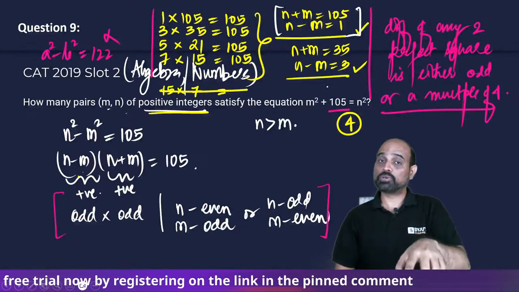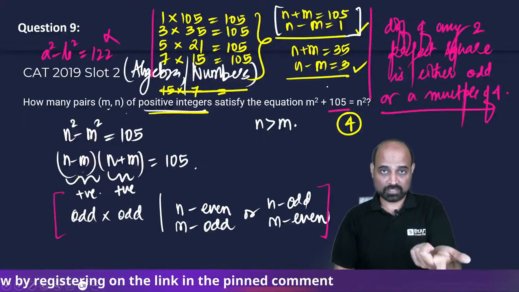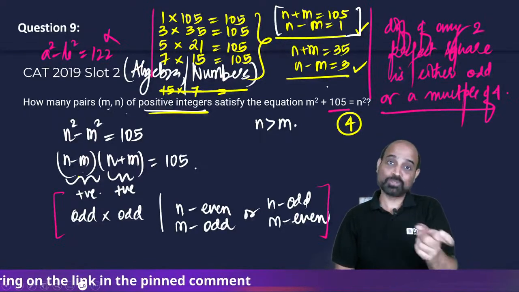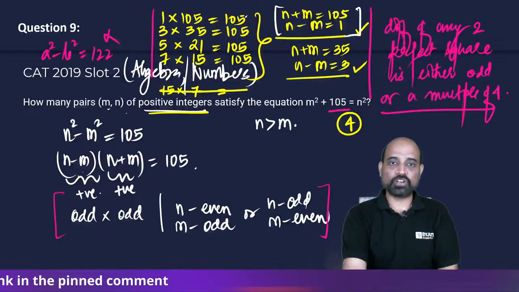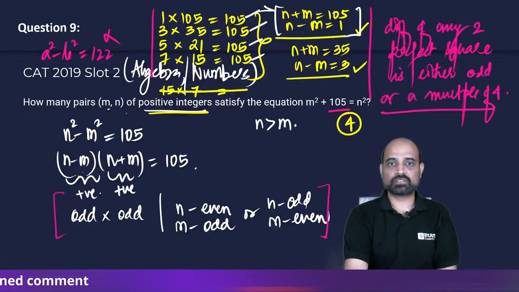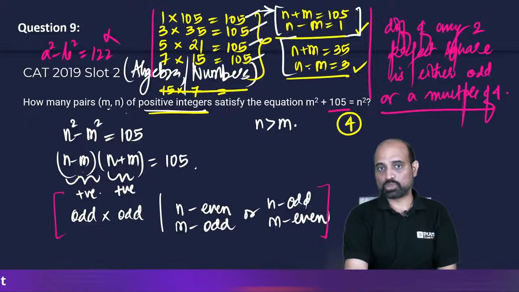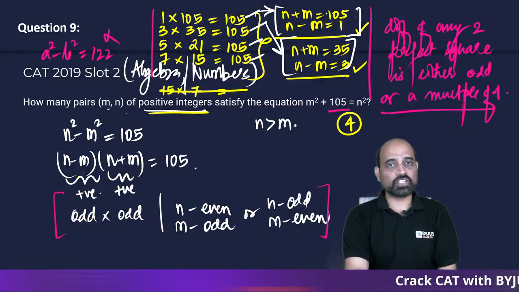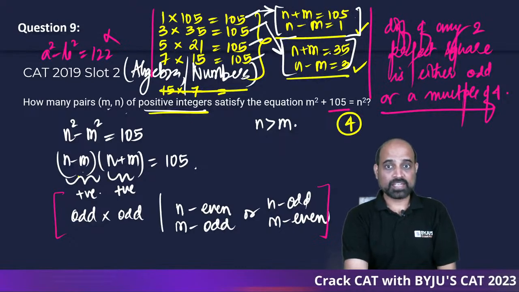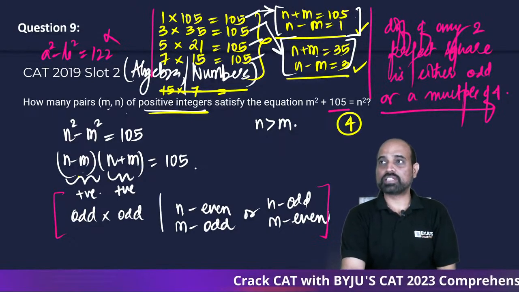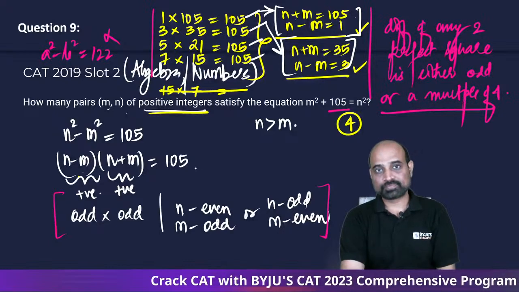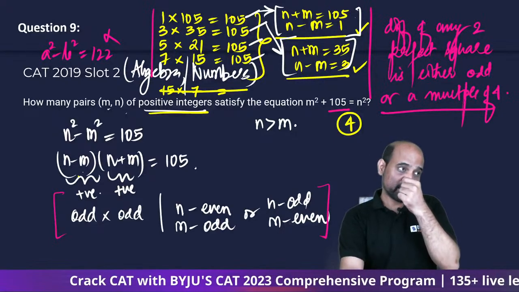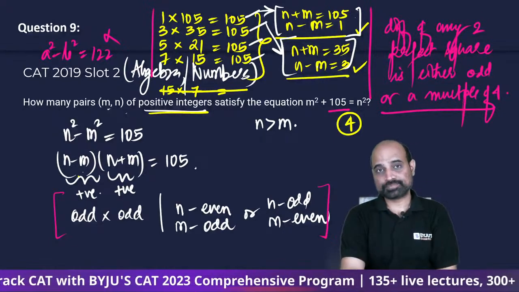In this particular question, they are asking us how many answers there are. They're not asking you what those answers are. So I know that for each of them I'm going to get an answer. I've written two solutions for you; solve and see. You will be getting the value of n as 53 and 52 from the first one, n and m. From the second one you will be getting the values as 19 and 15.